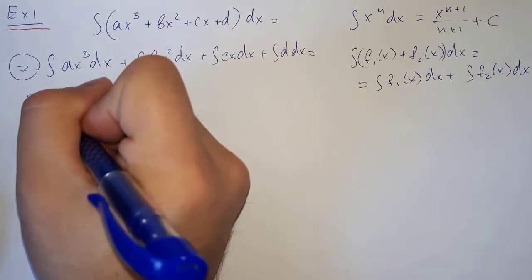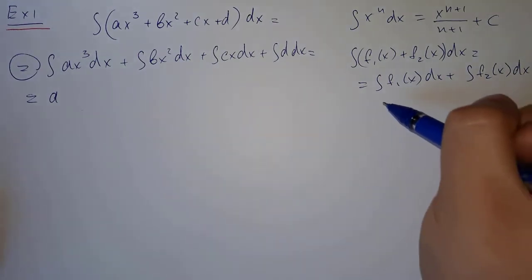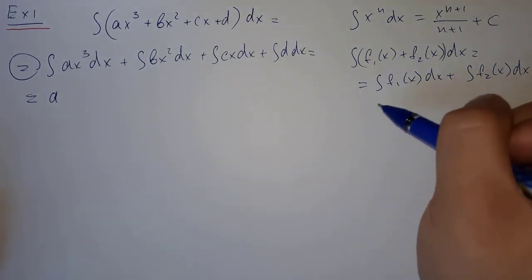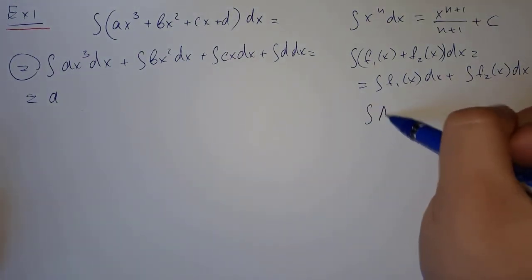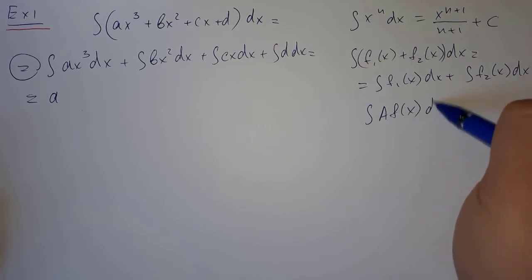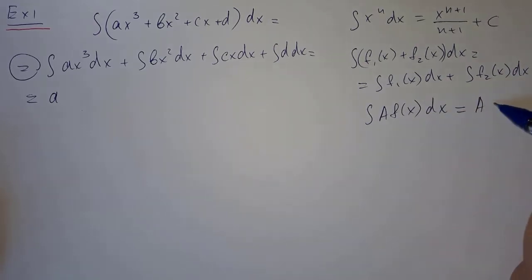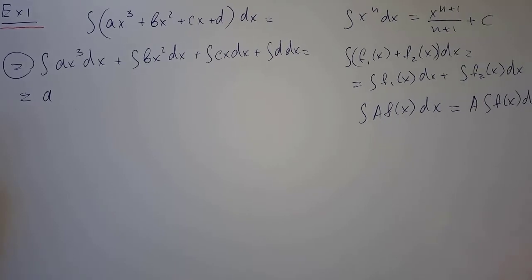Of course here we need to use one more property: the integral of a f of x dx is a times the integral of f of x dx, because a is constant.